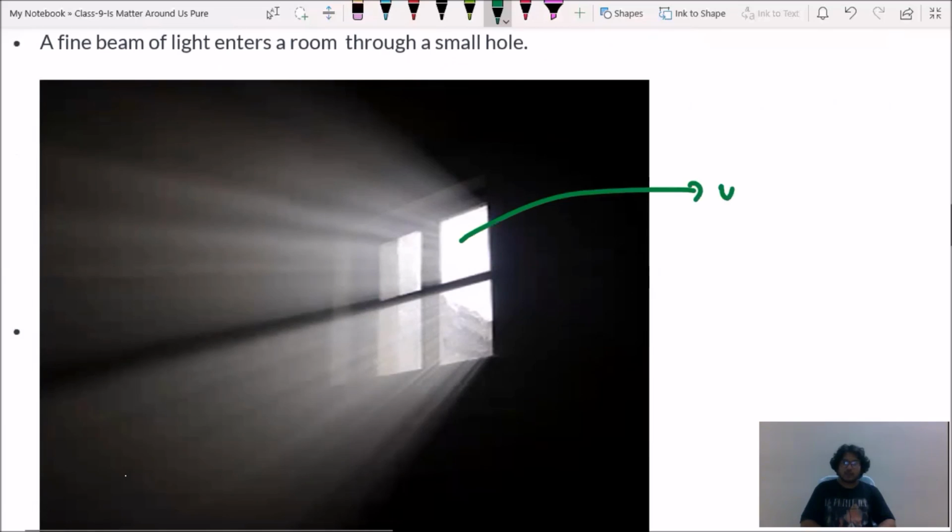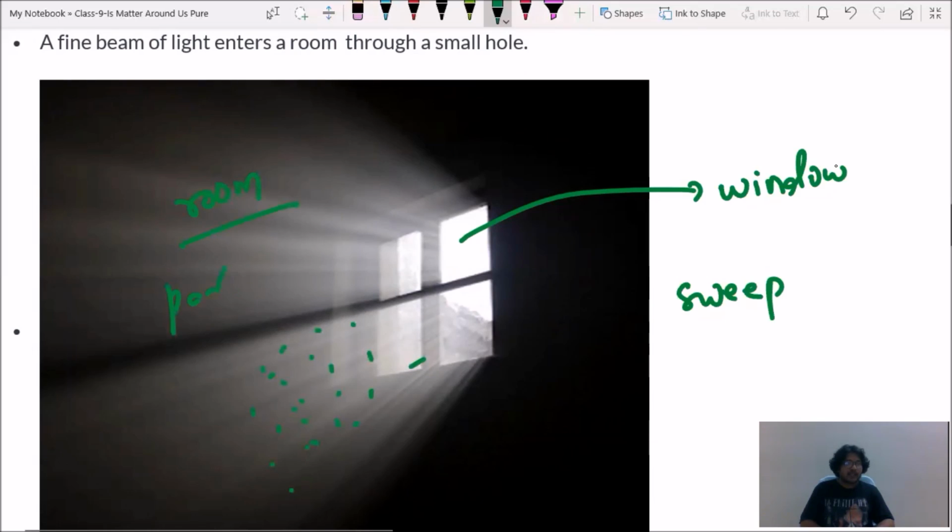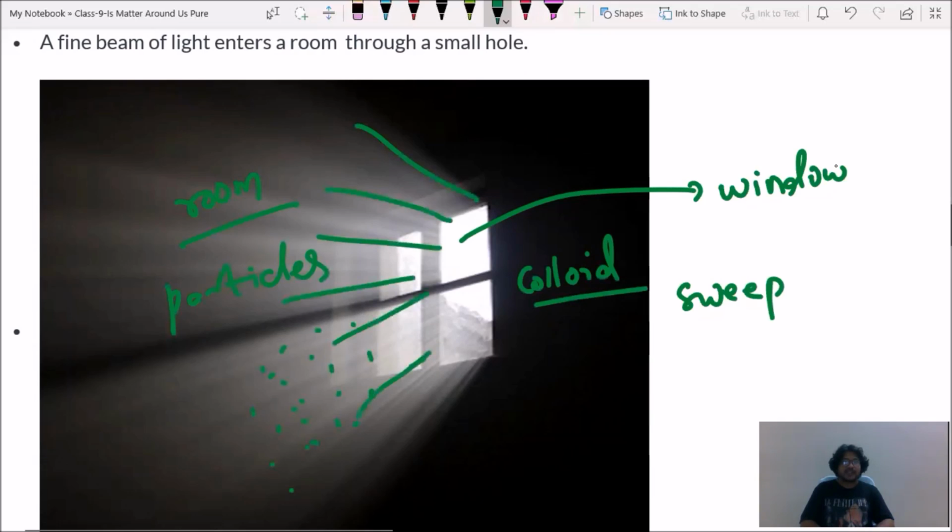Consider a window in the morning, if your mom is sweeping the floor or the hall, you can observe the sunlight from the window, and all those particles will be visible in that beam of light, because our room has particles, and the room is a colloid. When light is passed through a colloid, you can observe that the light will be scattered.